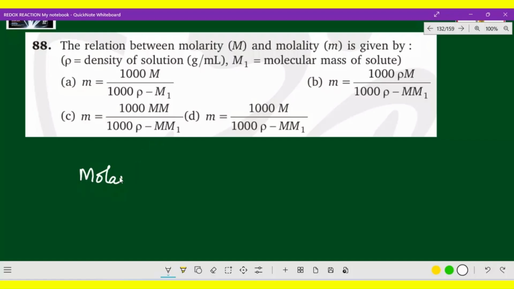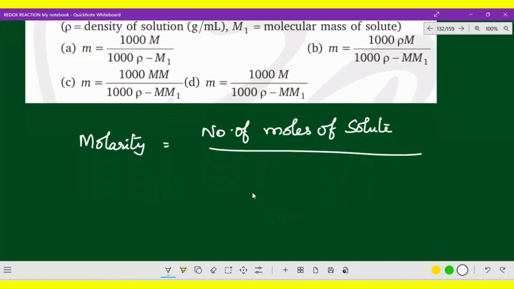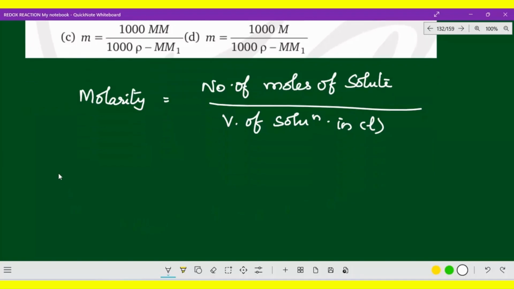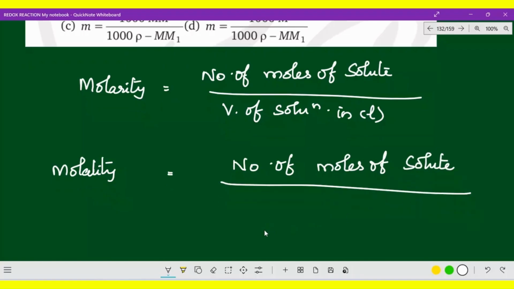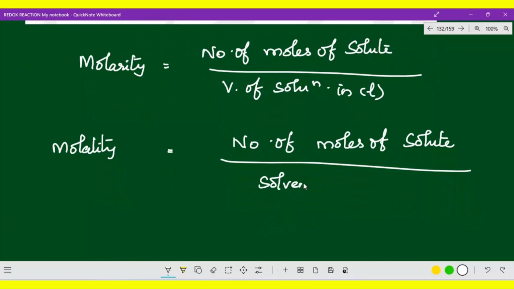So molarity equals number of moles of solute divided by volume of solution in liter. The same way molality equals number of moles of solute divided by solvent in kg. Mass related.